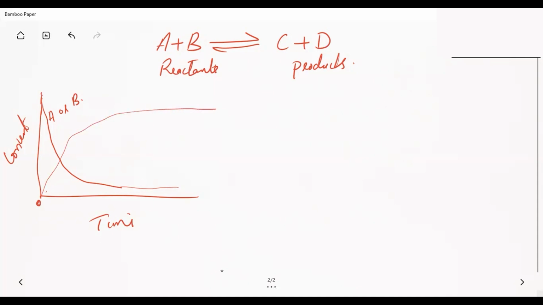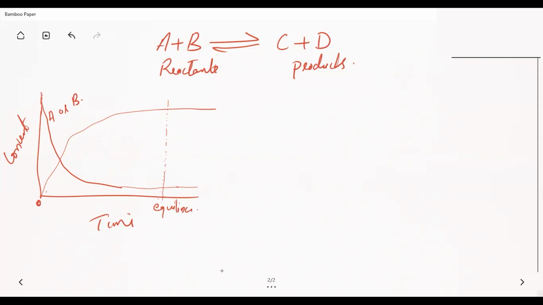At a particular time, that means at equilibrium, you can see here the rate of the forward reaction and the rate of the backward reaction become equal. The reaction between A and B and the reaction between C and D become equal, and we then say the system has established equilibrium.